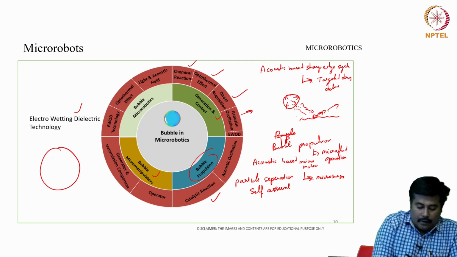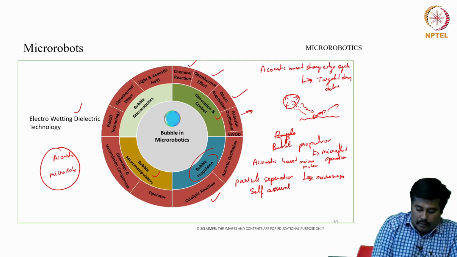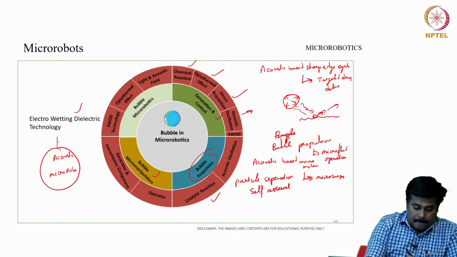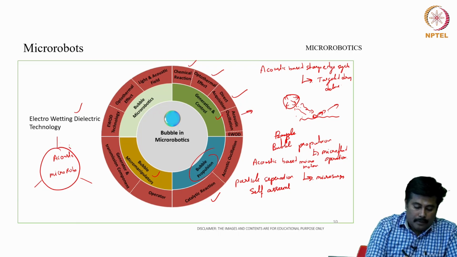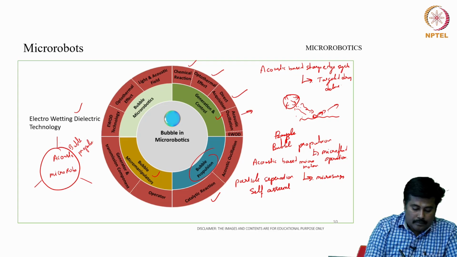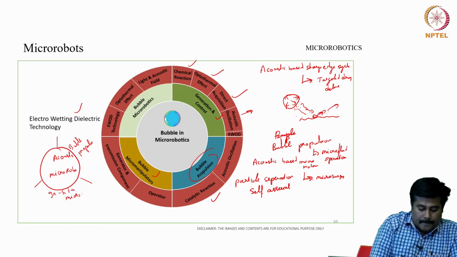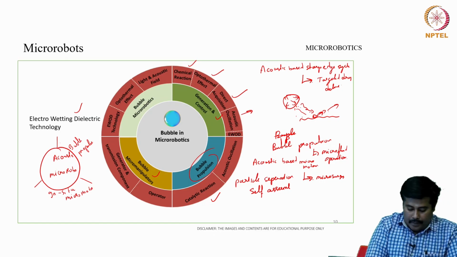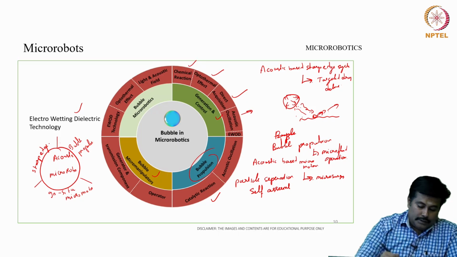if this is going to be an acoustic micro robot, we have the bubble propulsion, an in situ micromotor, and a sharp edge system.